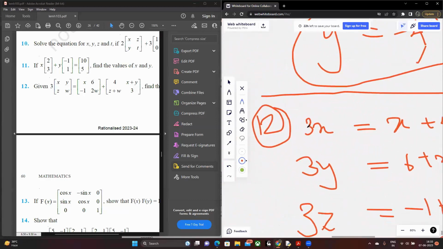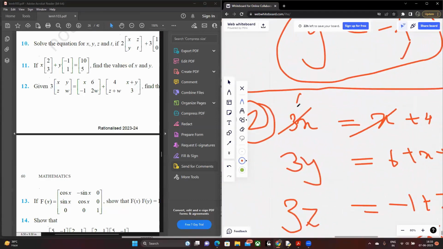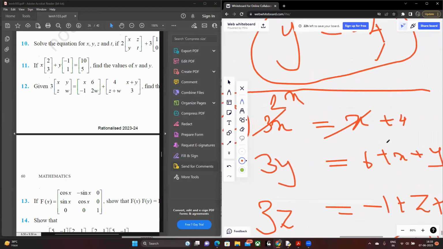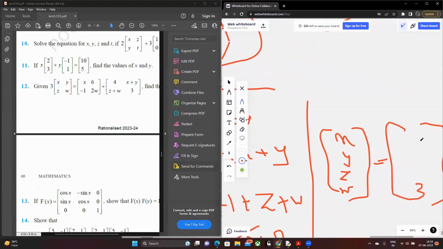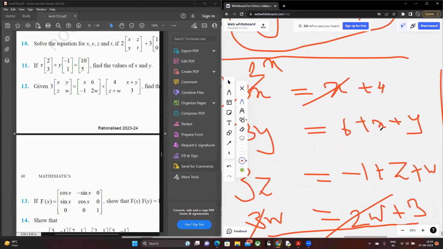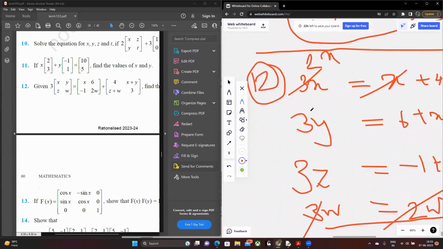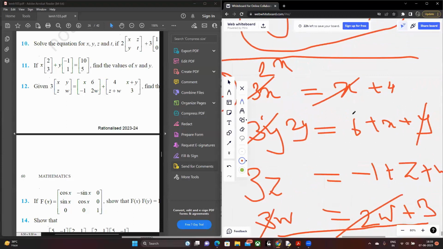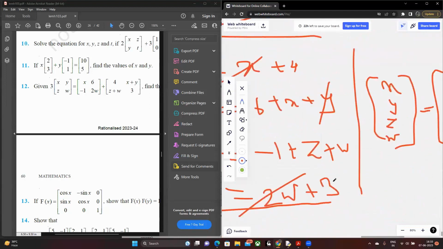Similarly, from the first statement, I can say that 2x is equal to 4, or x is equal to 2. From this statement, I can say that 2y is equal to 6 plus x or 6 plus 2. So 2y is equal to 8 or y is equal to 4.